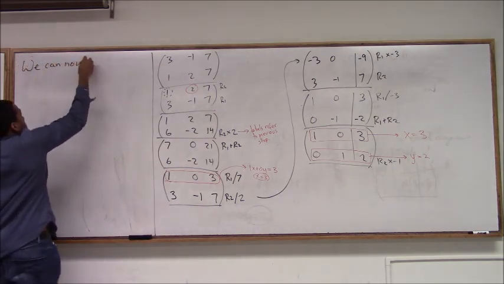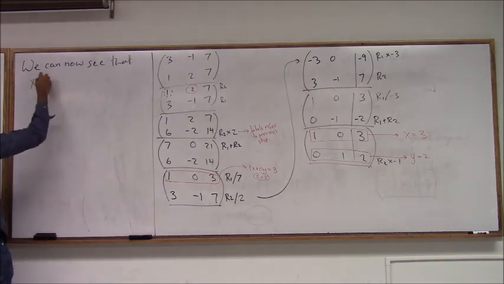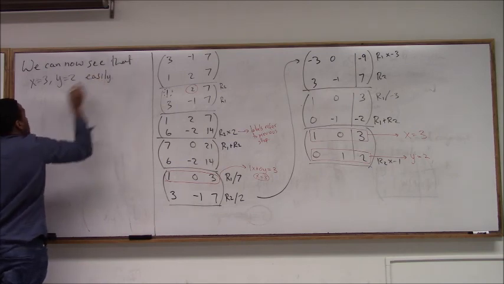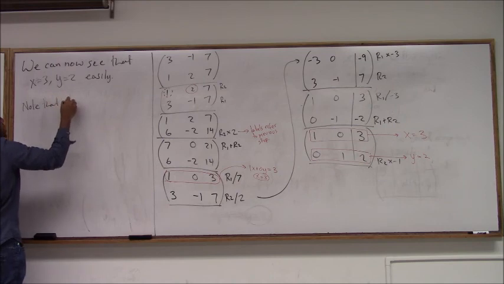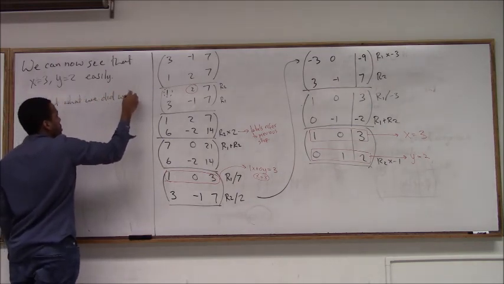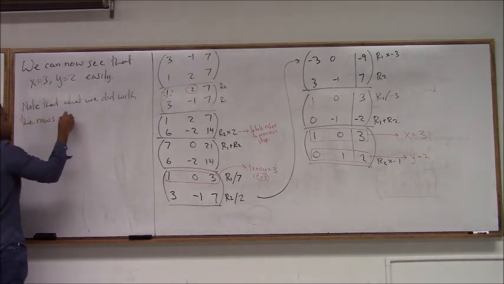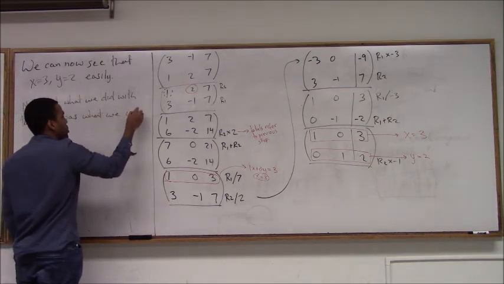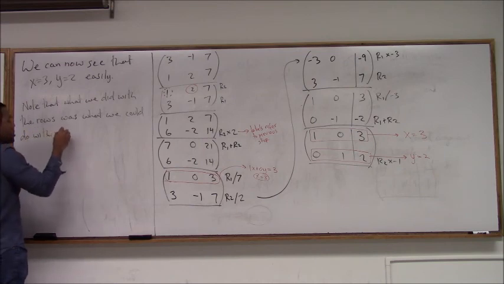You can now see that x is 3, y is 2, easy. And note that what we did with the rows was what we could do with equations.